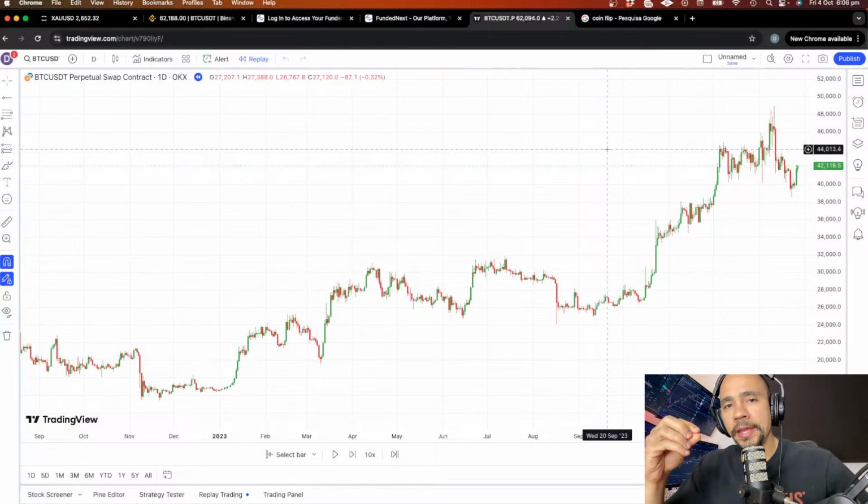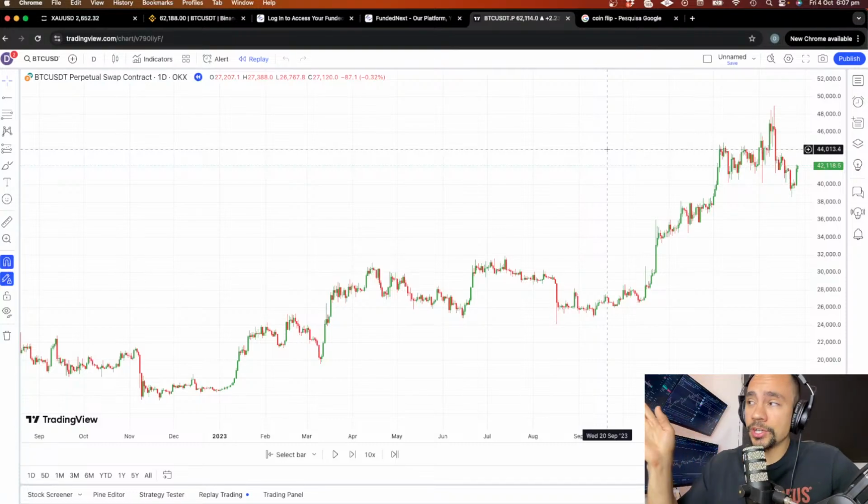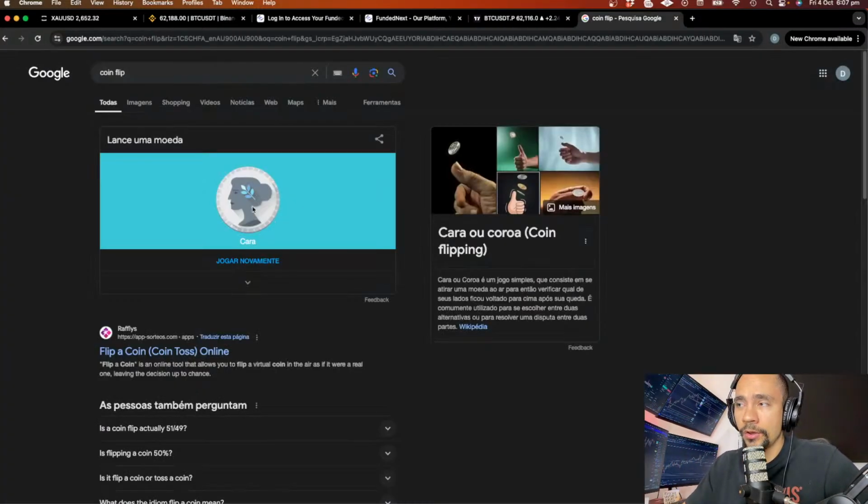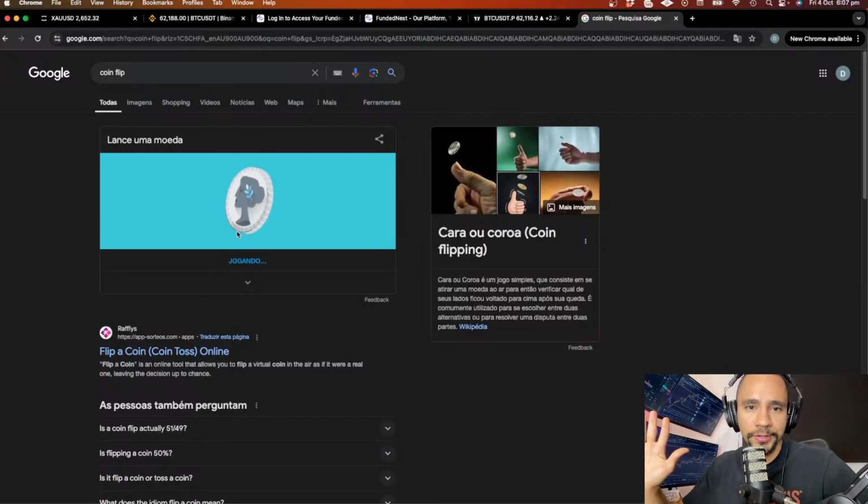And why is the advice so important for you who are starting right now? Because if you risk just 1% of your account in one single trade, the probability for you to blow up the account in a strategy like this one, we're basically gambling here. We are basically gonna flip a coin, and whatever comes, we're gonna go long or short.